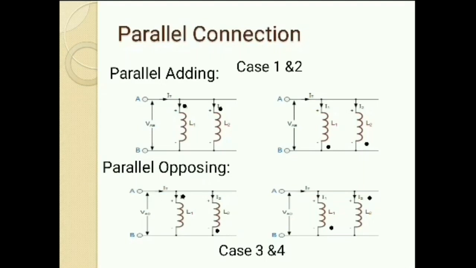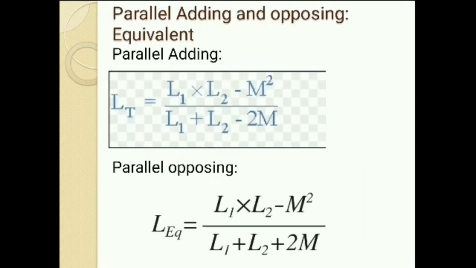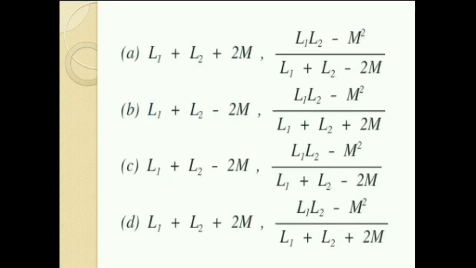L equivalent is calculated by L1 into L2 minus M squared, divided by L1 plus L2 plus 2M. I think now you have a clear understanding of how to calculate L equivalent for series aiding and series opposing, as well as parallel aiding and parallel opposing.